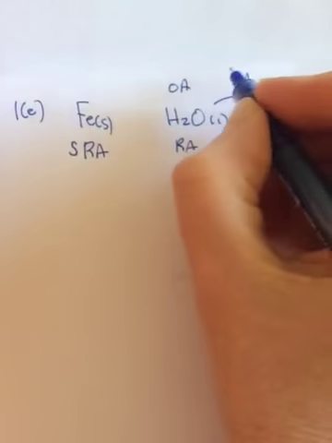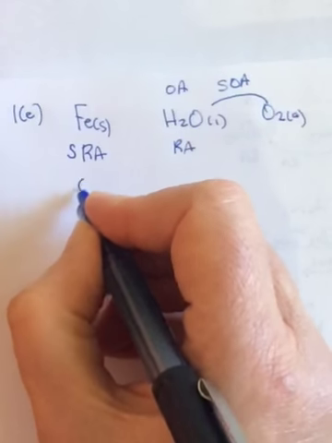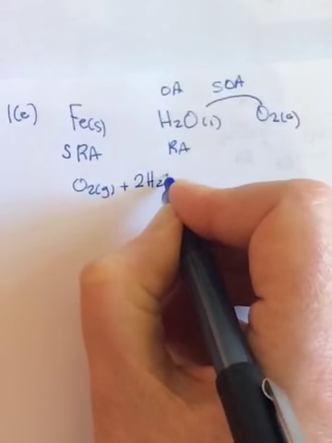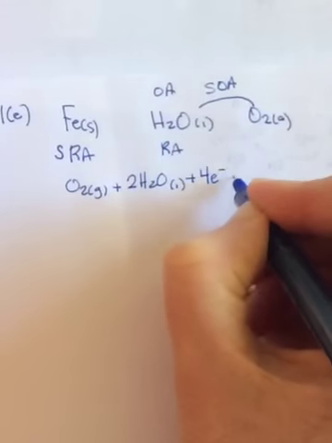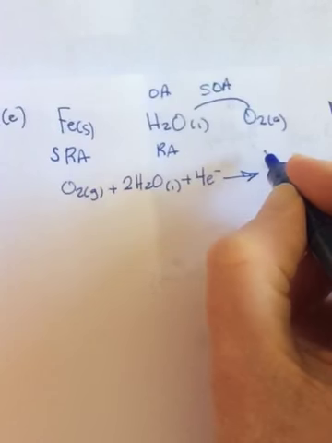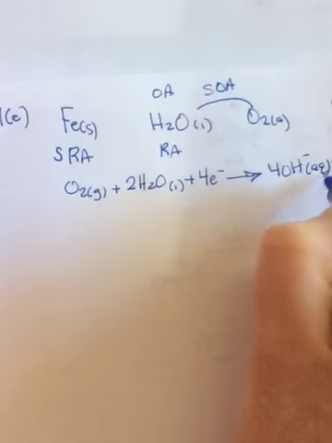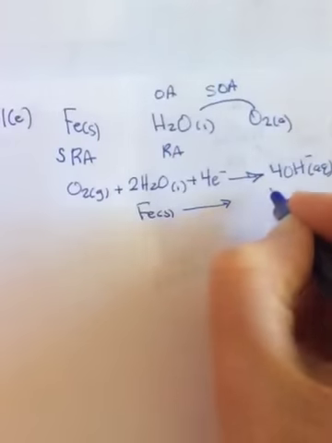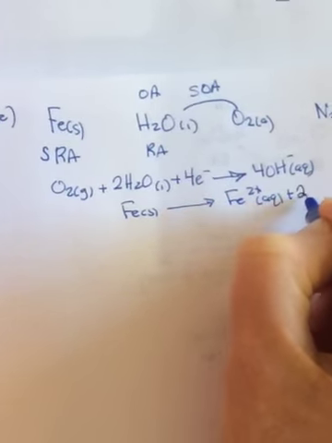For our oxidizing half reaction, it's going to be O2 gas plus 2H2O liquid plus 4 electrons going to 4 OH negative ions. And for the iron, Fe solid going to Fe2 positive aqueous plus 2 electrons.